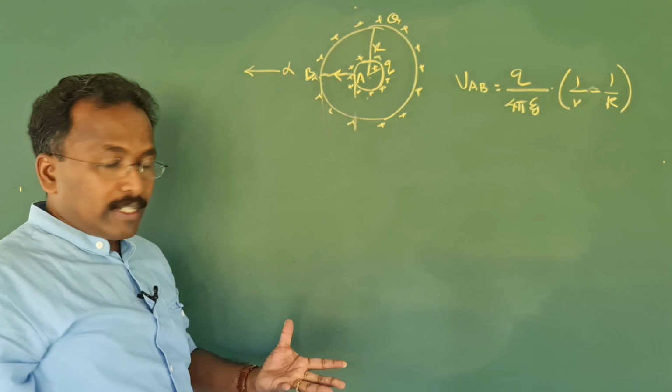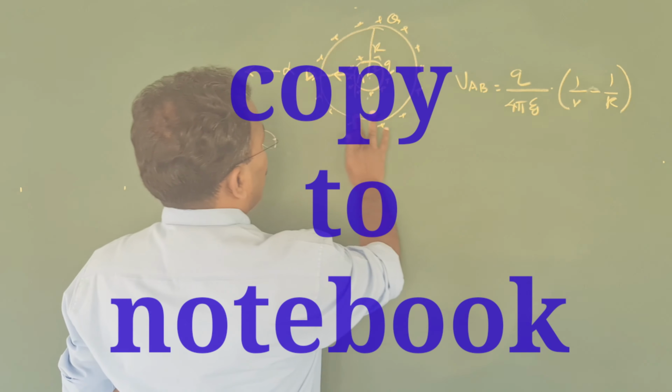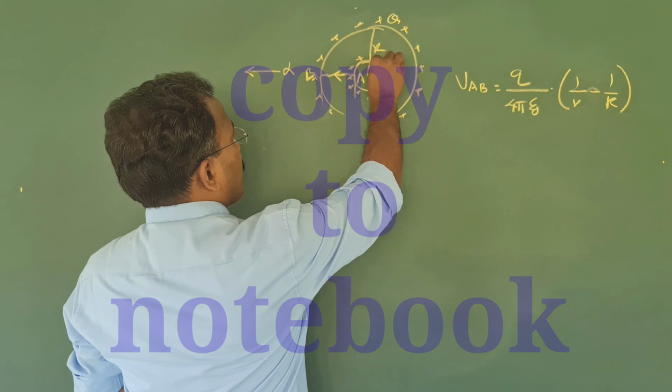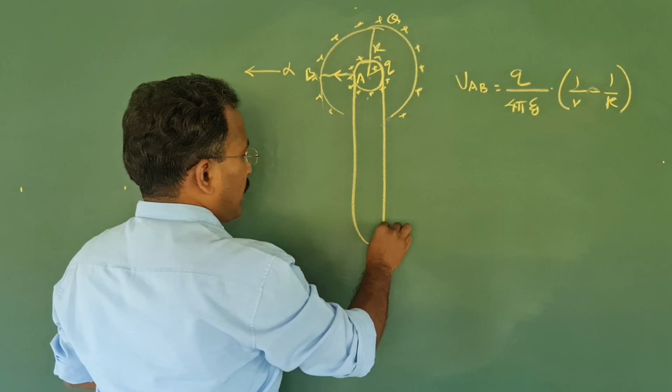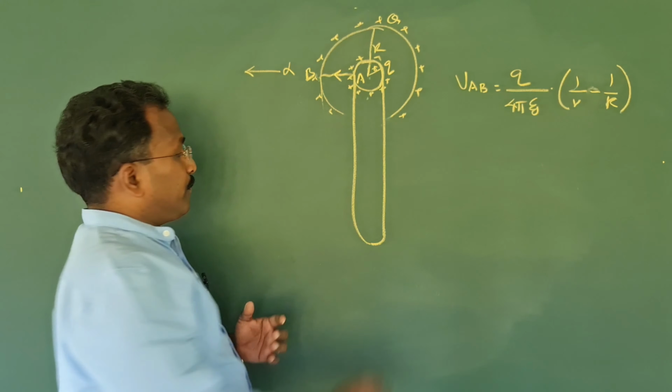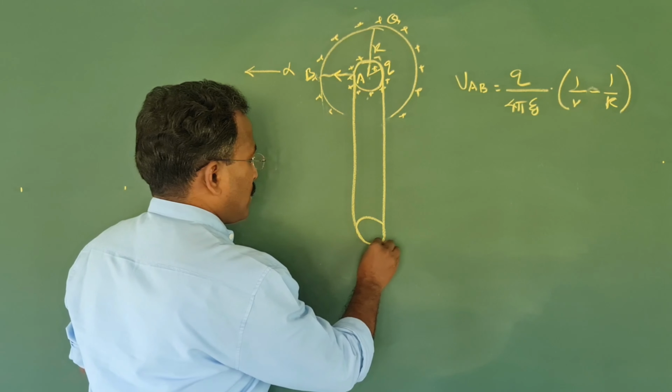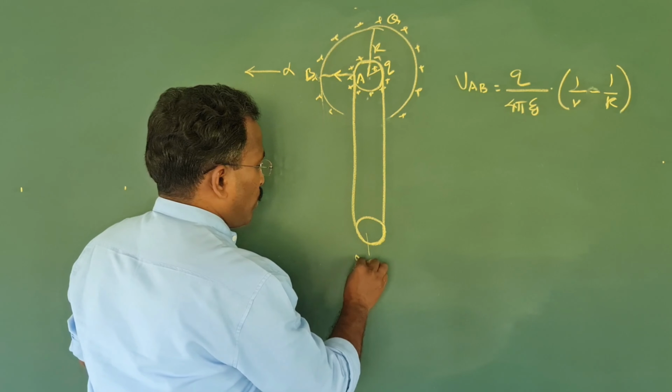So what he has done is, he cut open the bottom portion and he supplied charge to the inside shell using a rubber belt. See, this is a motor.